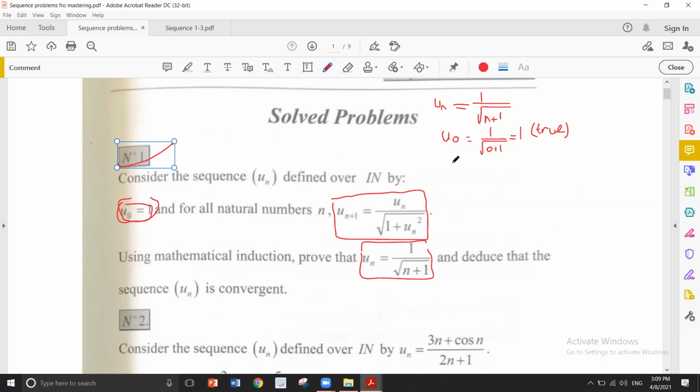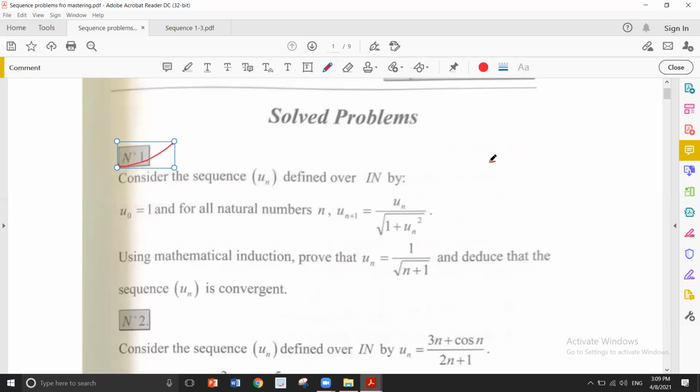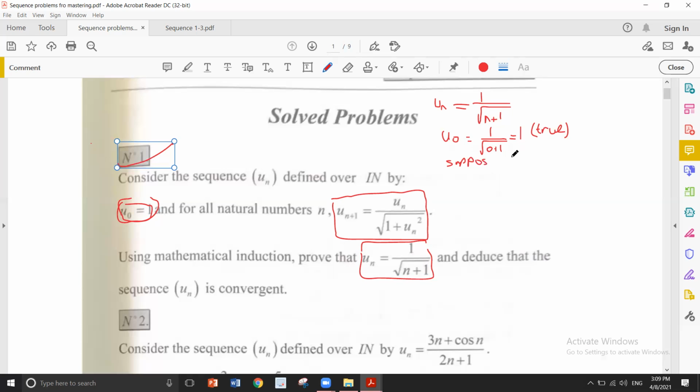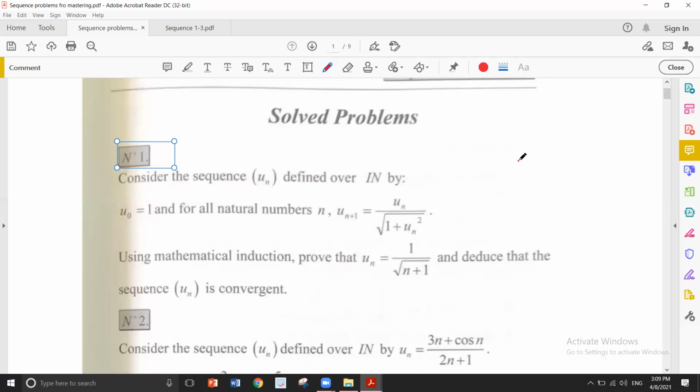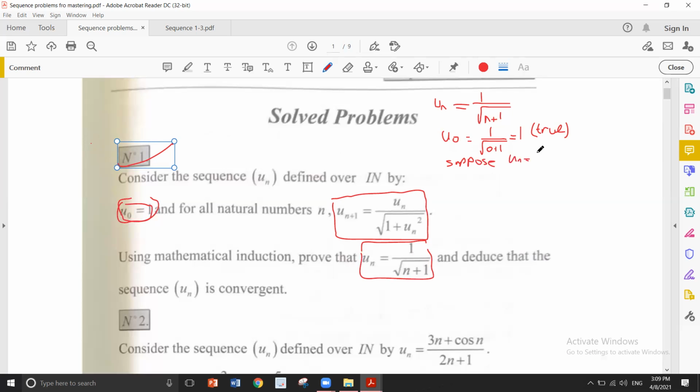Second step, suppose un equals 1 over radical n plus 1. We suppose un equals 1 over radical n plus 1.